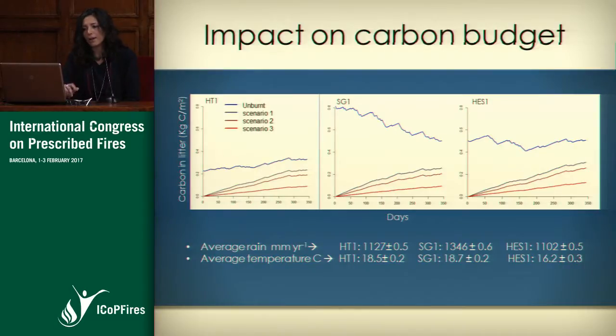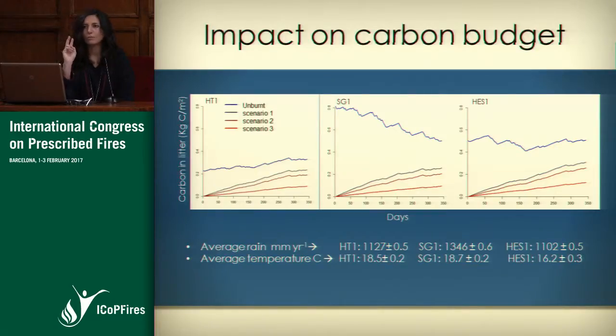Now, in terms of carbon, this is how the litter is recovering after 1 year. So the blue line is the unburnt, and the other lines are the other scenarios. In some sites, for example, in the first plot on the left, after 1 year, litter carbon is returning to pre-fire condition, almost. Whereas this recovery is very different between the sites.